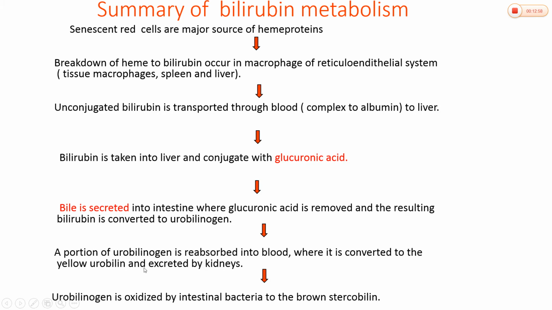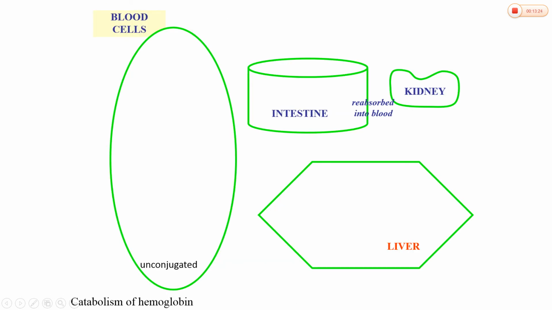A portion of the urobilinogen is reabsorbed into the blood, where it is converted into yellow urobilin and excreted by the kidneys in the urine, and that is why urine is yellow. The remaining urobilinogen is oxidized by the intestinal bacteria to brown stercobilin, which gives the feces its color.